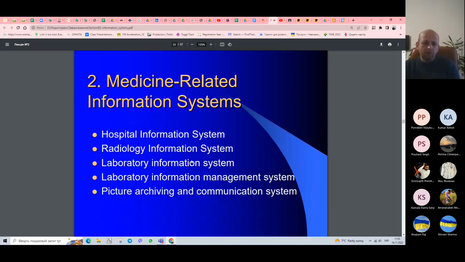Medical related information systems can be different particular solutions, for example, hospital information systems, radiology and laboratory information management systems, and picture archiving and communication systems. You see, inside an information system, they can process for different parts of users in the hospital, in the laboratory, in the different equipment, the radiology computer and MRI system and a lot of laboratories.